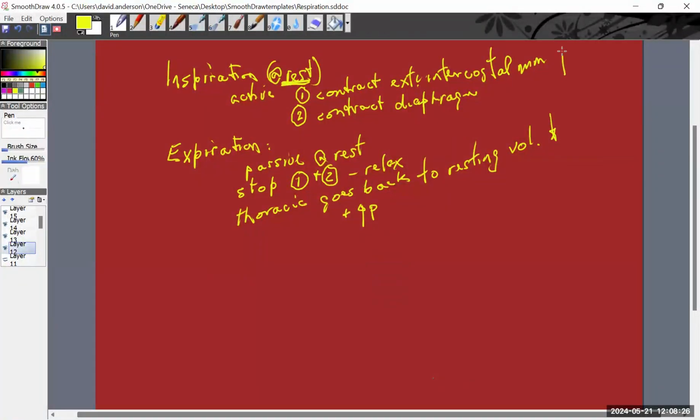This caused an increase in volume, so pressure went down. Okay, but remember, this is talking about what's going on in the thoracic cavity.